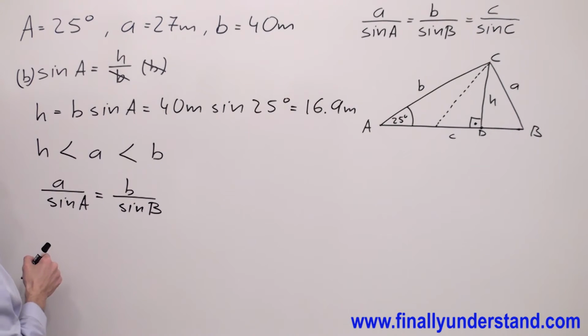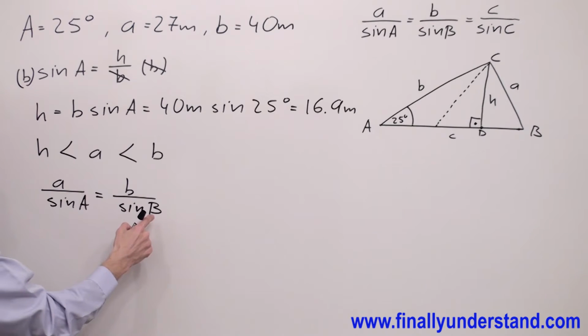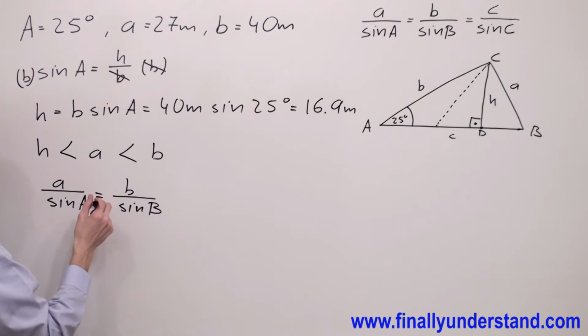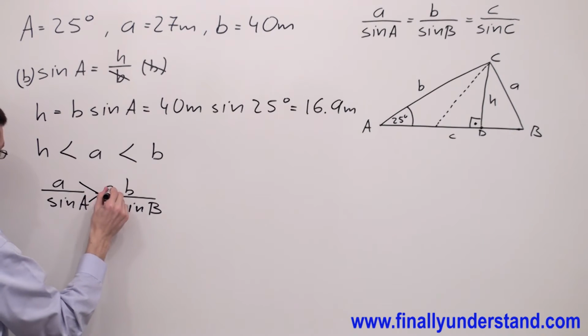We're supposed to find angle B. In order to do so, we're supposed to perform the cross multiplication.